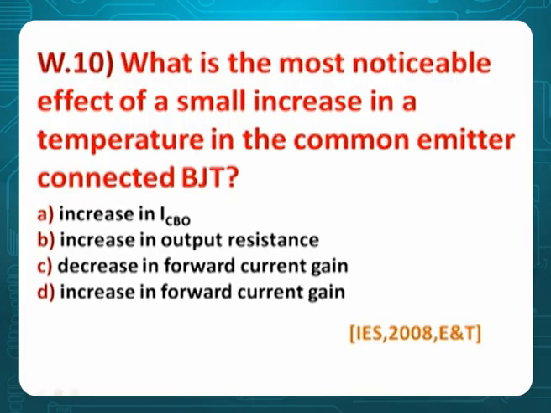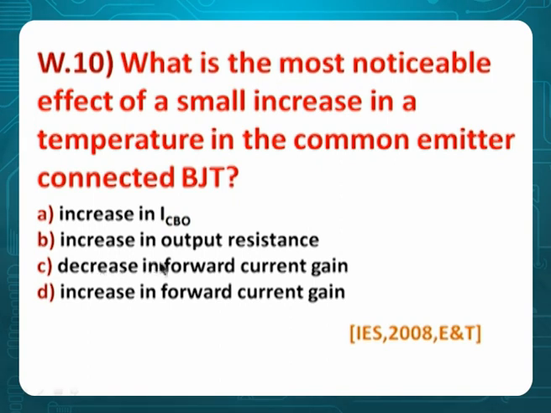Last question. What is the most noticeable effect of a small increase in temperature in a common emitter connected BJT? BJT is connected in common emitter configuration. When temperature is increasing, what is the most notable thing? Is it IC not increasing?